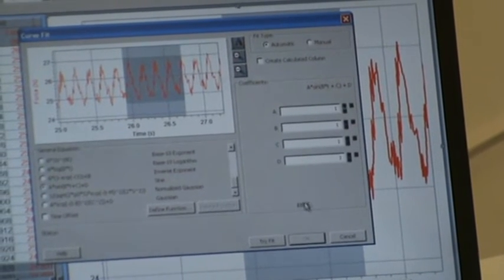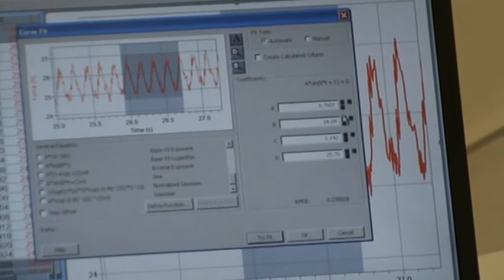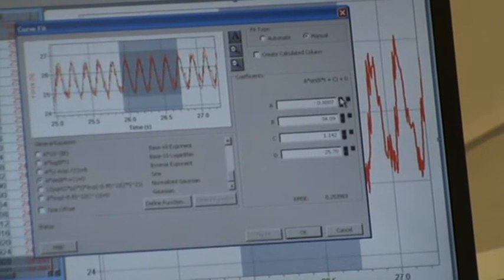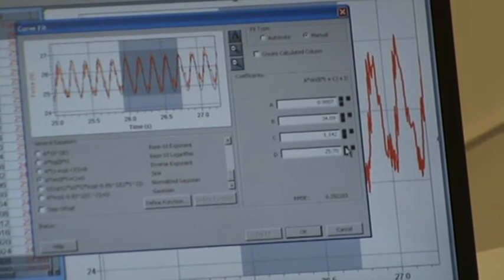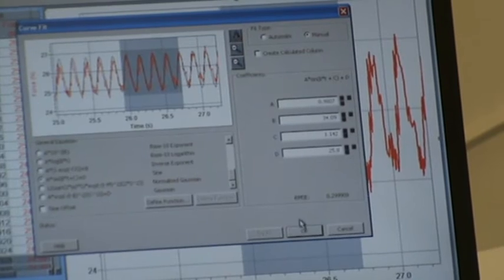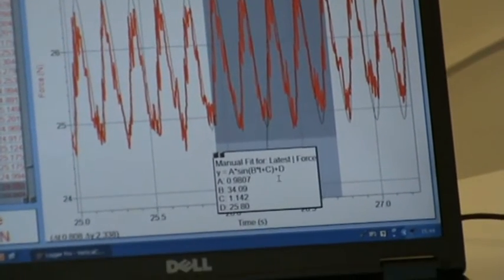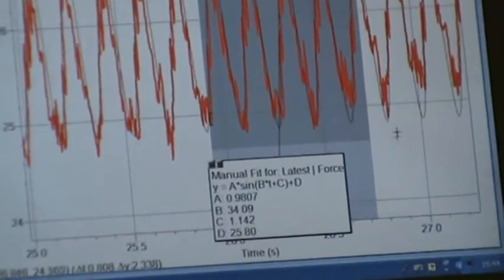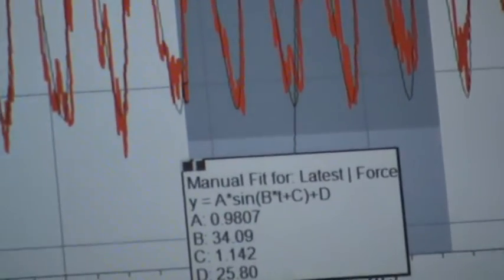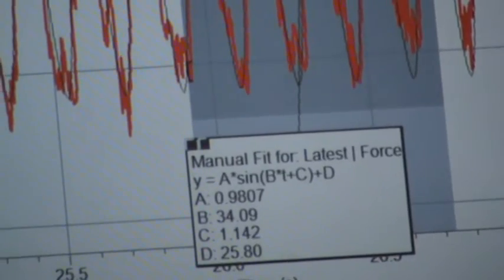Again, a sine function. And that there, again, fits most of the data reasonably well. 0.98. Oh, 0.98, this is getting good.